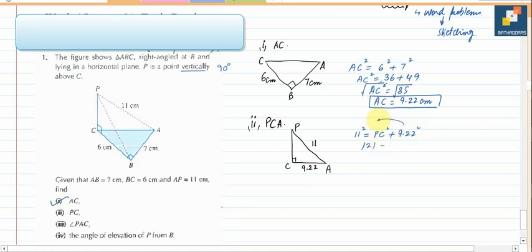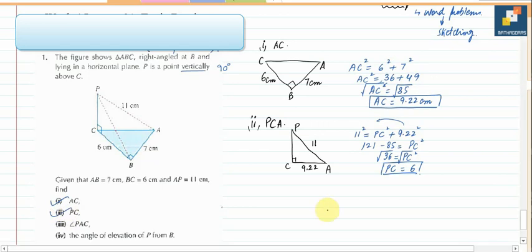When you shift it to the left side, it will be negative, and PC square. So 121 minus 85 is 36 is equal to PC square, root on both sides, so PC is equal to 6, right? That is the second part answer.